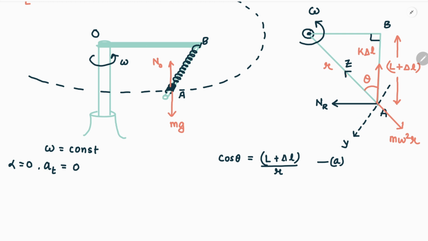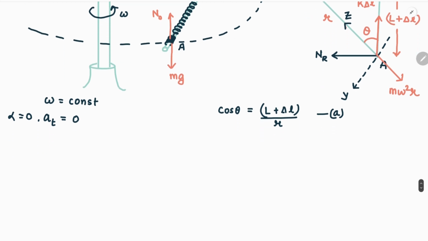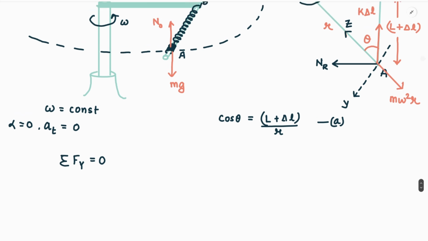So for equilibrium we begin this way, that the forces in the y direction are to be equated to 0. In the y direction we have a component of normal reaction force. If this angle is theta, this is 90 minus theta, this is theta.